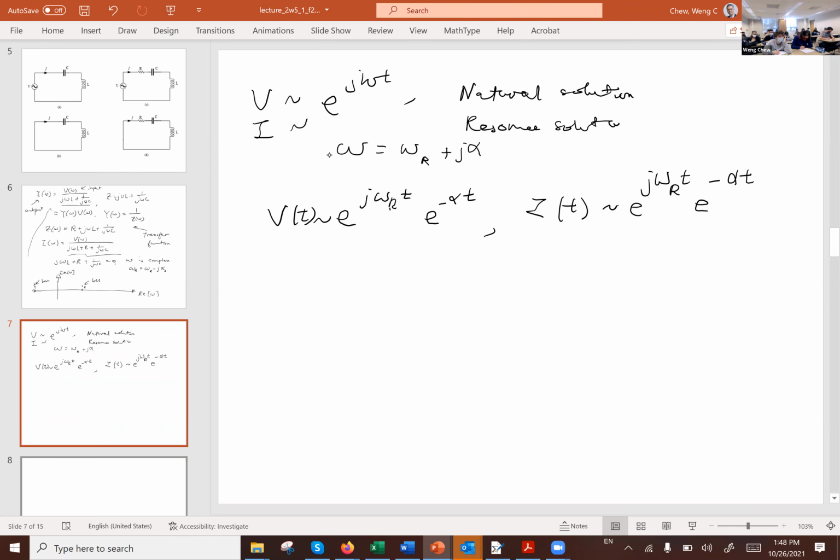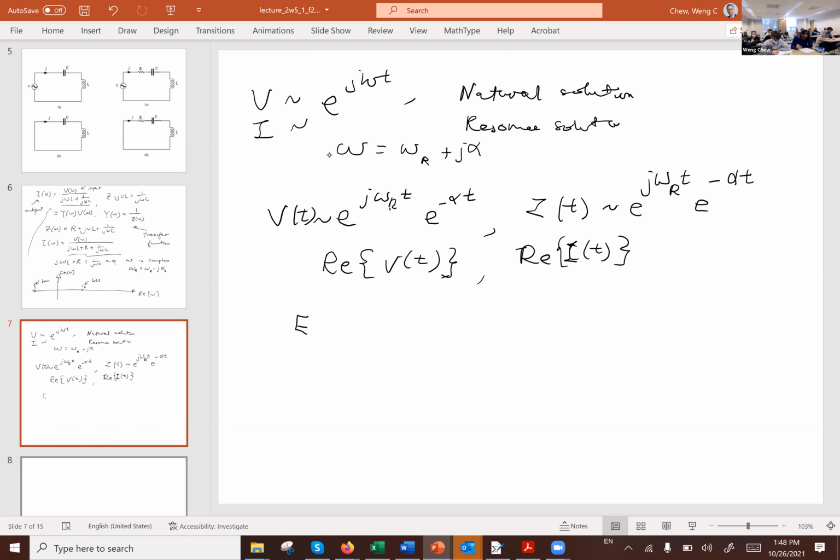So if you want to convert this into the real world, you have to take the real part of this complex signal as well, to convert them into something that's tangible and that you can measure in the lab. So the moral of the story is that whenever you have loss in the system, the natural solution or the homogeneous solution would also have to behave in this manner.